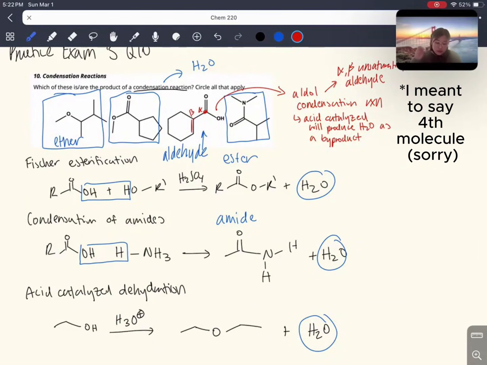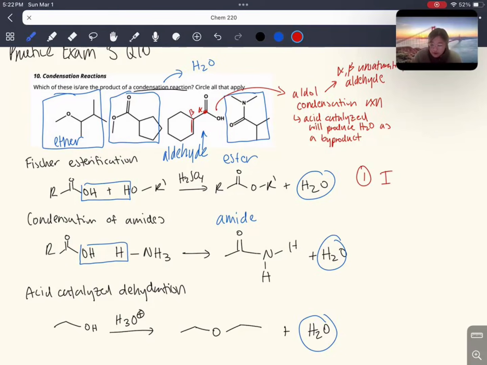So the way to solve this question, I would suggest, is first to identify your functional groups. You can see that your first molecule has an ether, then you have an ester, then an aldehyde, then an amide.